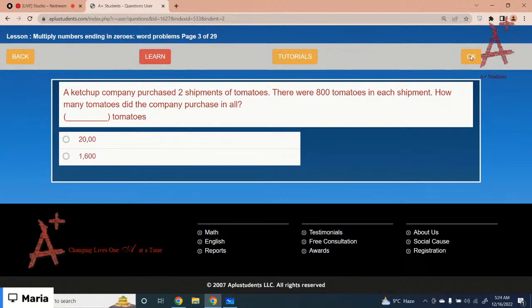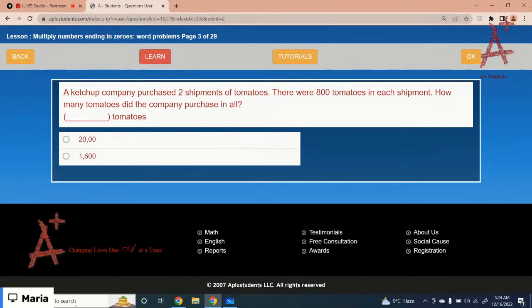So 800 times 2 equals... 8 times 2 is 16.